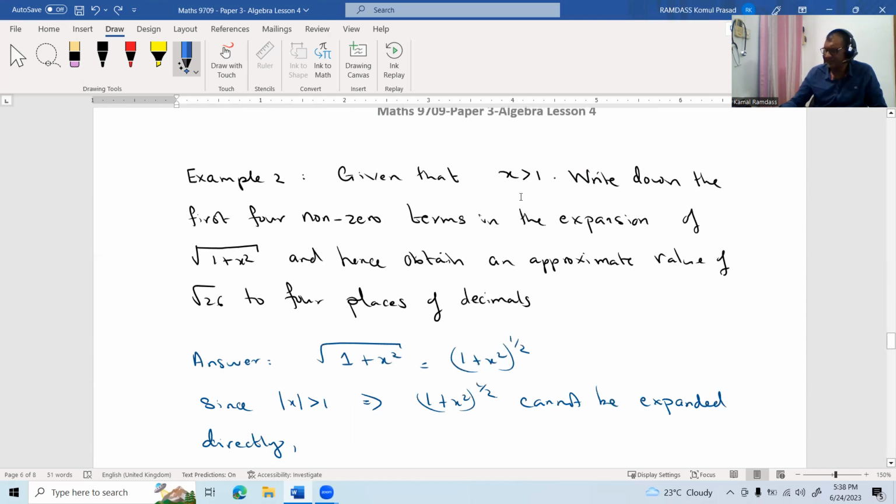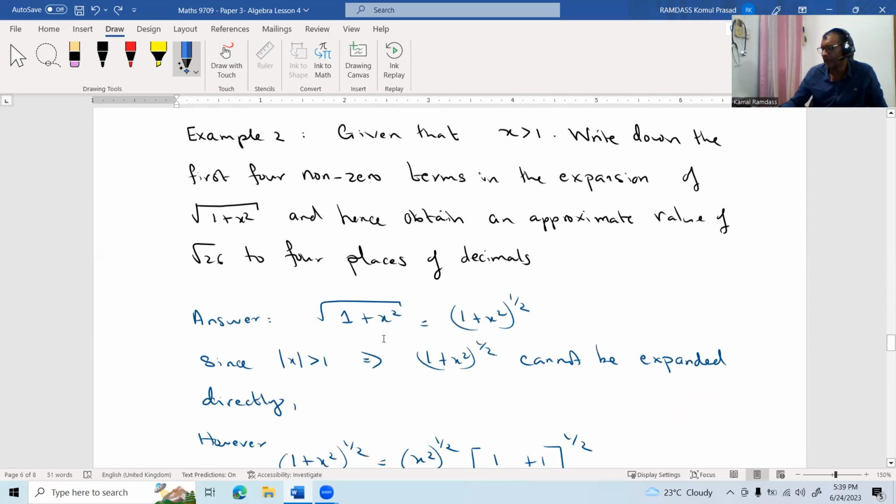Given that |x| is greater than 1, write down the first 4 non-zero terms in the expansion of the square root of 1 + x², that is (1 + x²)^(1/2), and hence obtain an approximate value of root 26 to 4 places of decimal.